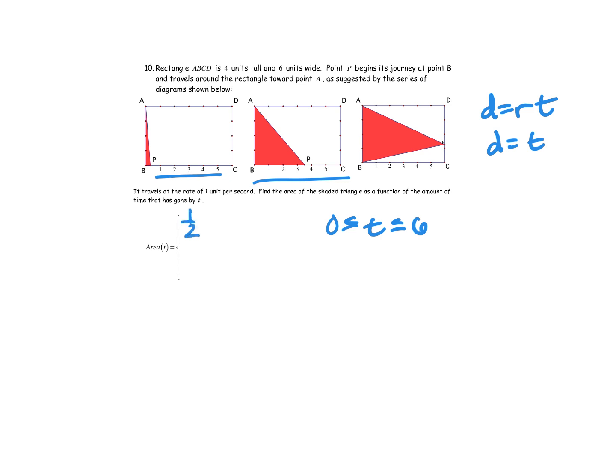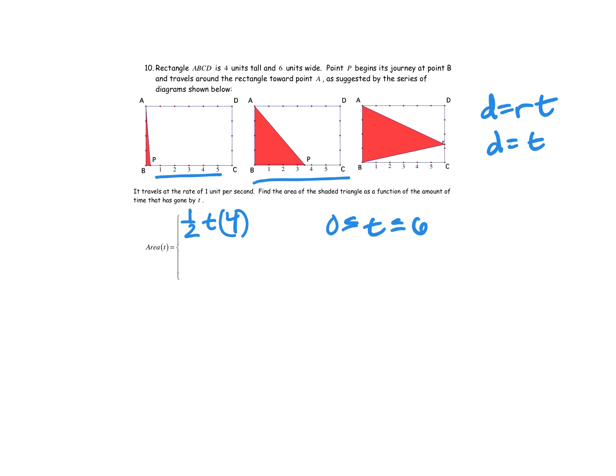The base is going to be time. So if it was at 2 units, the time is 2, because distance is rate times time, and the rate is 1, so distance will equal time. So for 2 seconds, it will be at 2. So 1/2 t, and the height is always 4. So that can simplify to 2t.